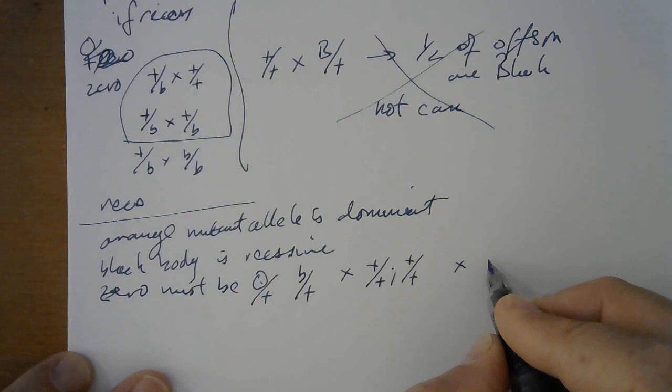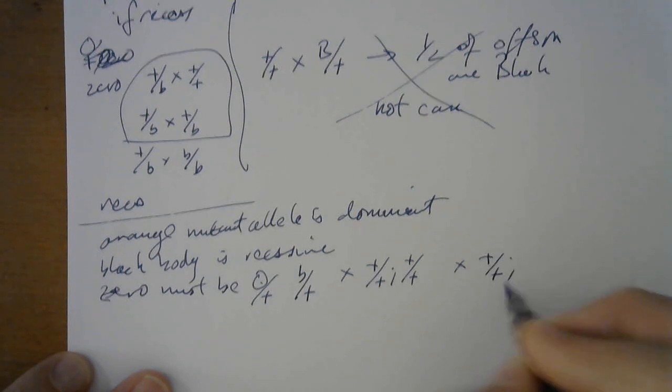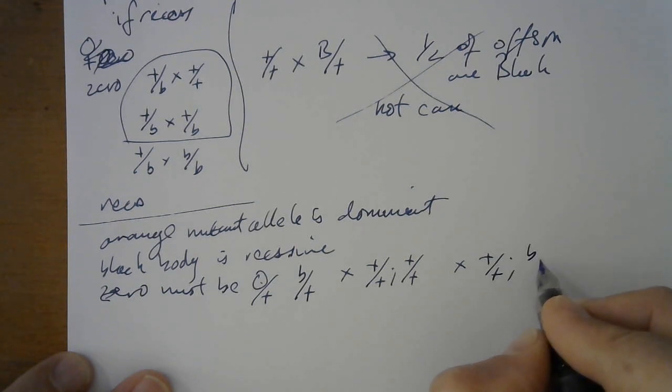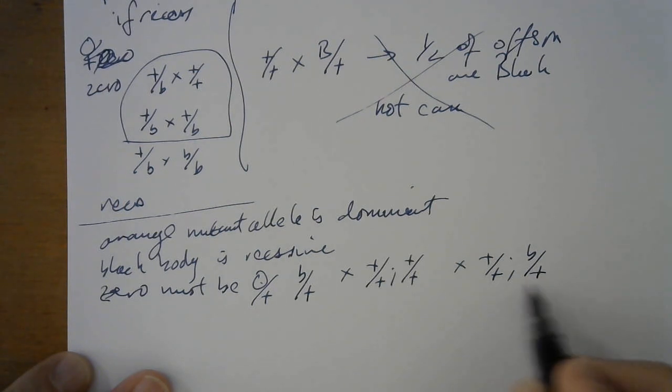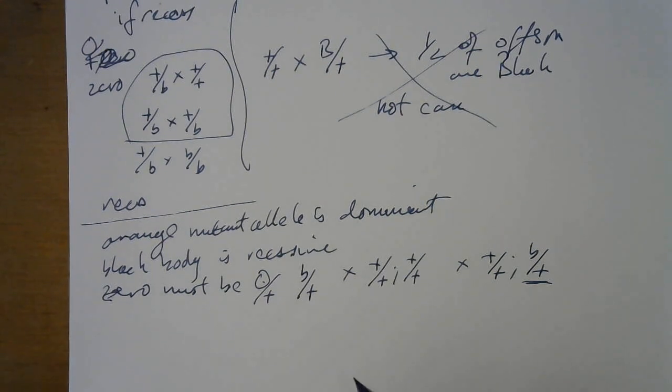There's some complexity to this problem and I disagree with the book answer, so I keep getting distracted by this. And one of the males must be at least a carrier for the black body recessive allele. Okay, so now the question is, are they linked or unlinked?